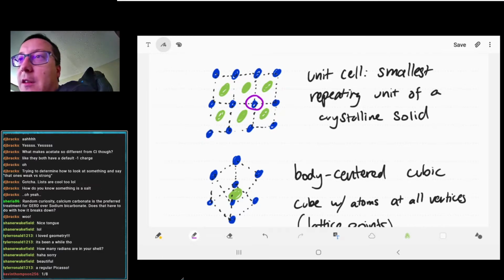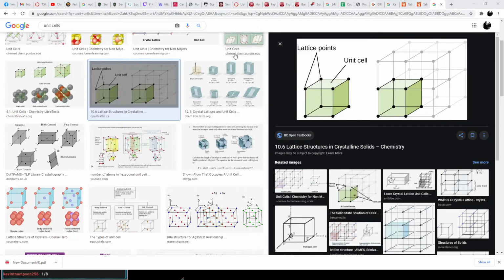Back to this. If we're looking at this atom right here, this black one, we can see it is part of 8 different unit cells. So it is part of these 4 down here, and it's also part of the 4 above it. So that atom is participating in 8 unit cells.